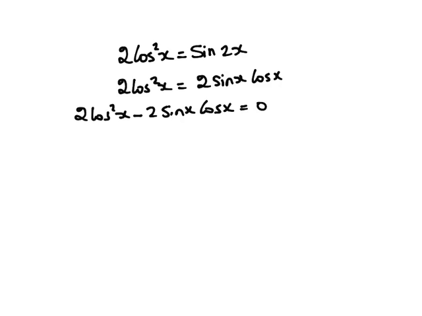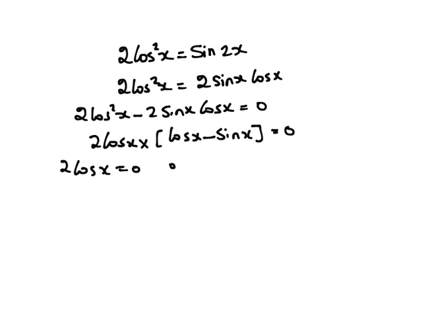So take 2 cos x common. You get 2 cos x multiplied with cos x minus sin x equal to 0. It means either 2 cos x is 0 or cos x minus sin x equal to 0.